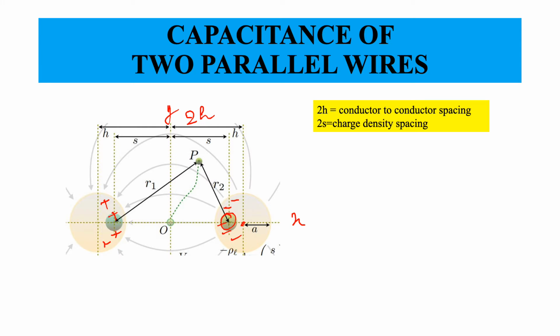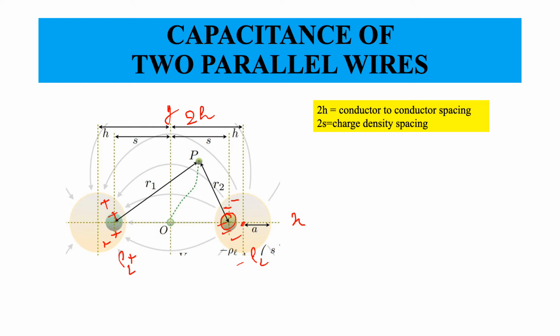So 2h is the conductor to conductor spacing, whereas 2s is the equivalent line charge to line charge spacing. The line charge density is still rho L, and this one is negative rho L. So as we assume a uniform line charge density rho L, though they are not located at the center of the conductor, how do we proceed?